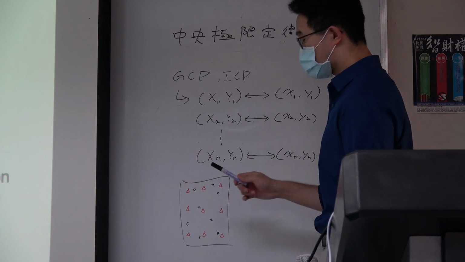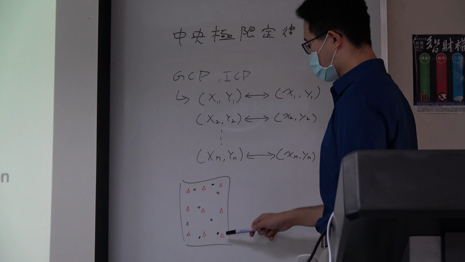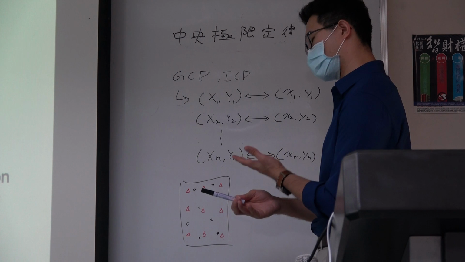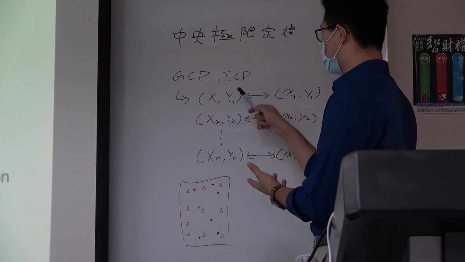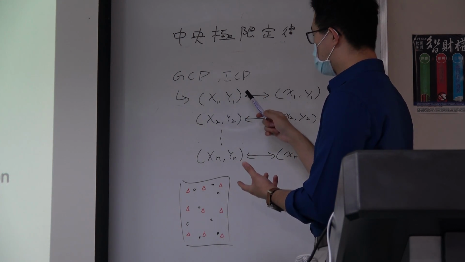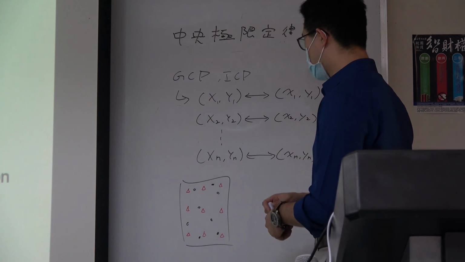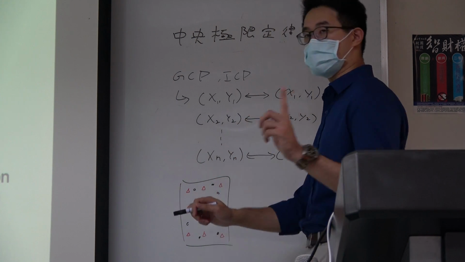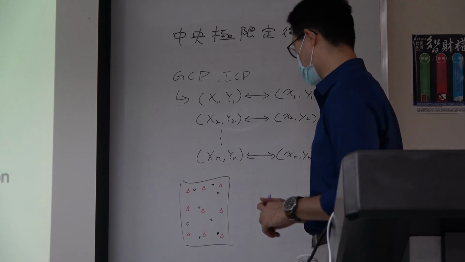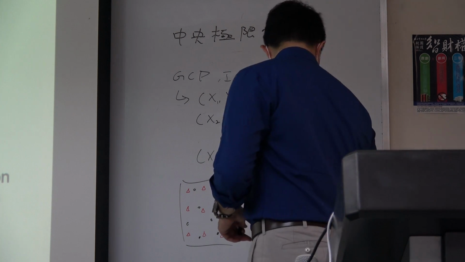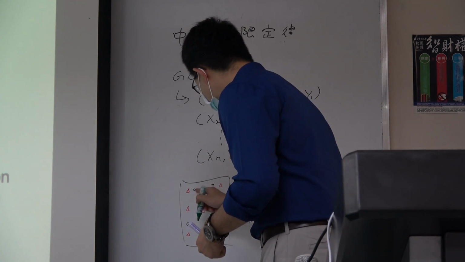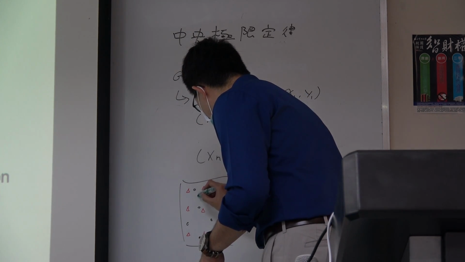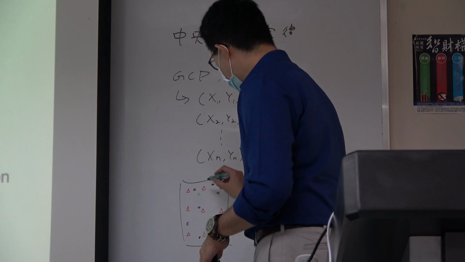Okay? So, you use those GCPs to derive the coordinate transformation, and after that you have the coefficients, then you can input the ICP points. For example, after I input this ICP point, the coordinate transformation tells me that the location of this point moves to over here.